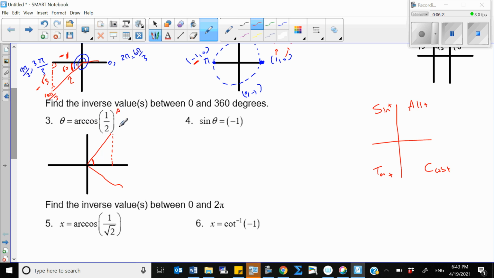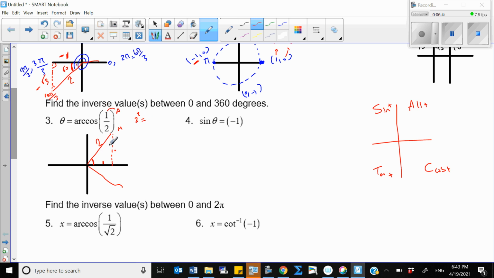Cosine is adjacent over hypotenuse. So I know that the adjacent side of this angle is 1 and the hypotenuse is 2. Now I can use the Pythagorean theorem to find this missing side. Let's just use the Pythagorean theorem first.